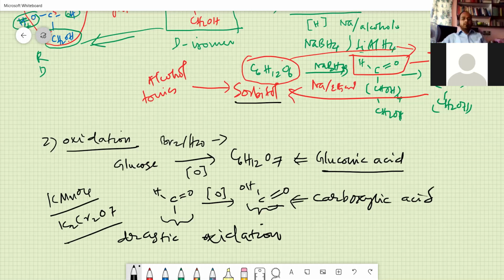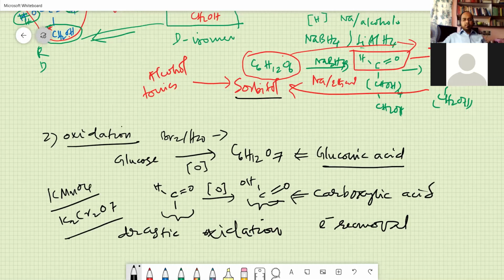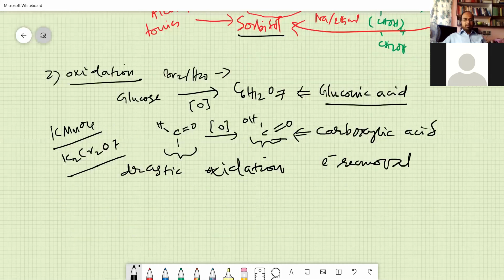For example, oxidation is also a process of removal of electrons, and reduction is the addition of electrons as well as hydrogen. So when you add bromine in water, you get gluconic acid. The oxygen that is added results in conversion of the CHO group into COOH. Aldehyde is converted into an acid. So you should not forget it.